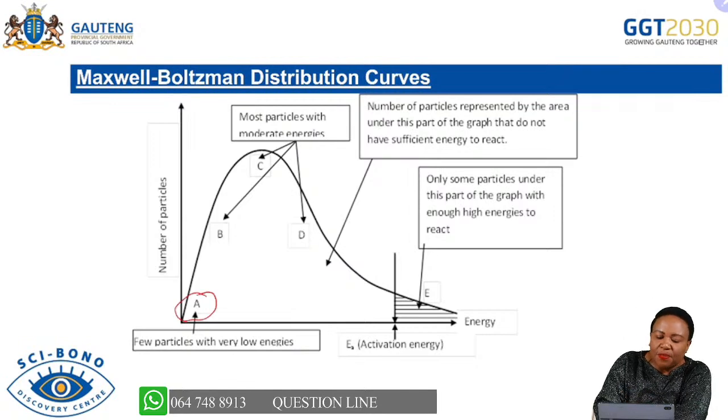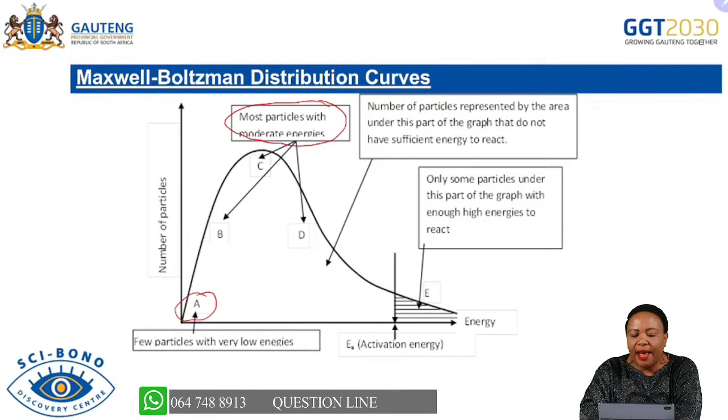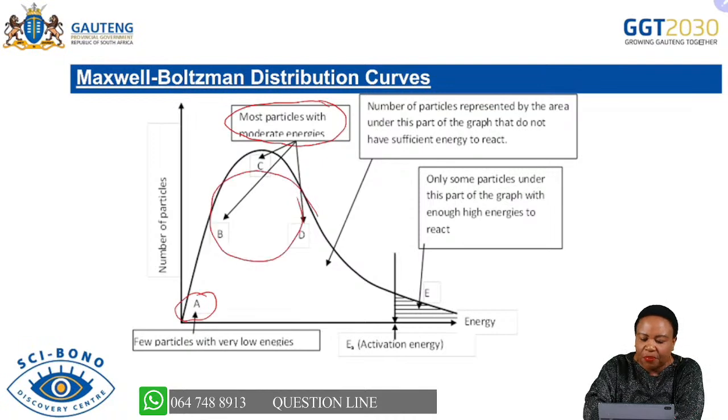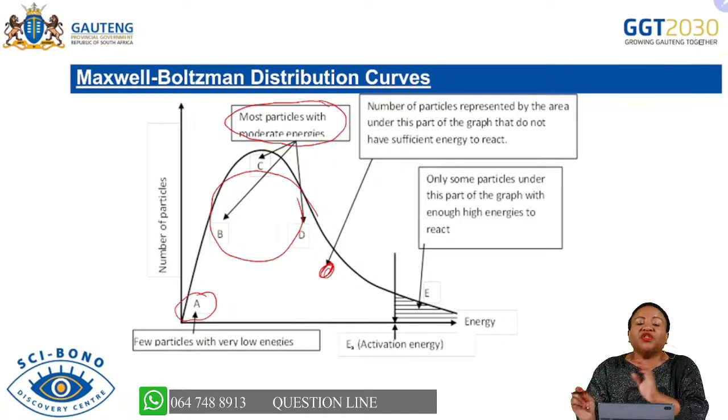Then we look at B, C, and D. There are most particles with moderate or average energies in area B, C, and D. And when you look at area E, you will see that only some particles under this part of the graph have enough high energy to react. So the particles represented by the other area here are those that do not have sufficient energy to react. It is very important that you understand which region on your graph represents what type of particles, or particles with what type of energy.